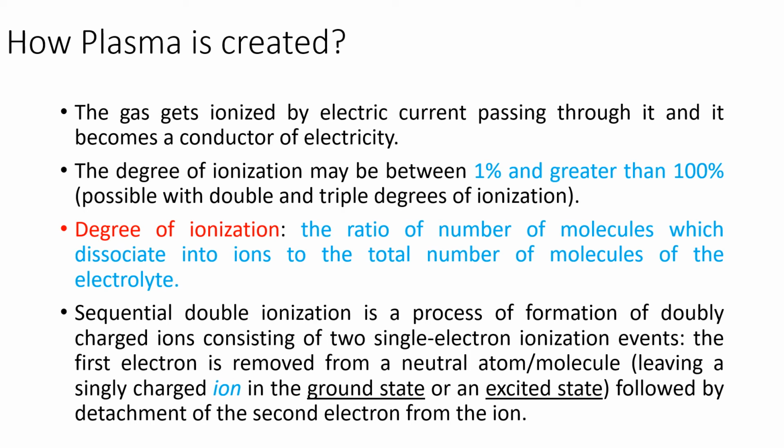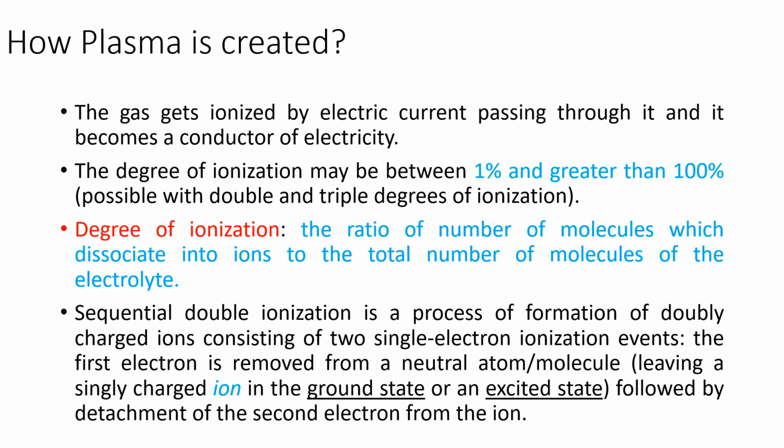In the double degree of ionization, what will happen? Further heating of that positively charged ion, which has already lost one electron, or further energy added to it, may make it lose a further electron. At this second stage, when an electron is again lost by that atom, it is called double ionization.